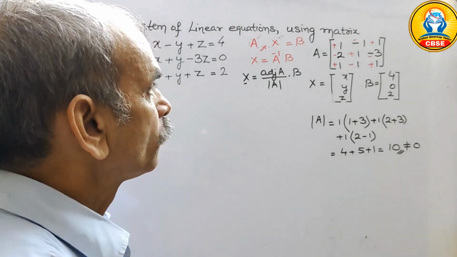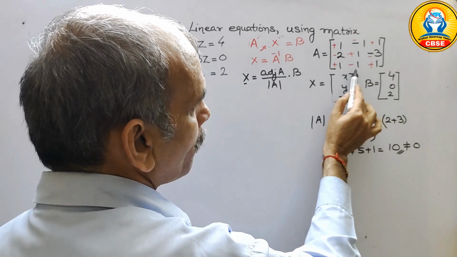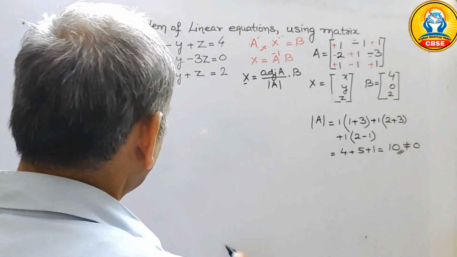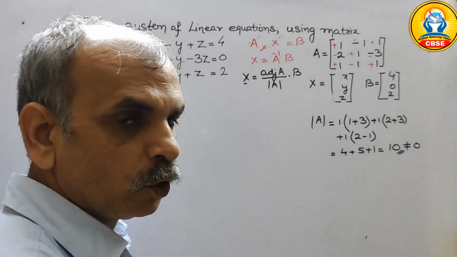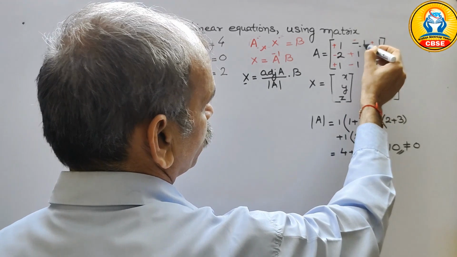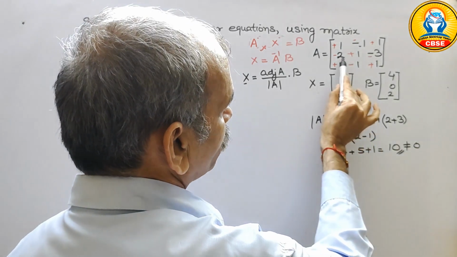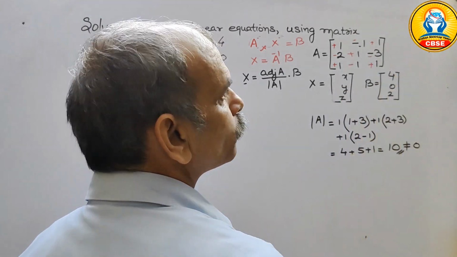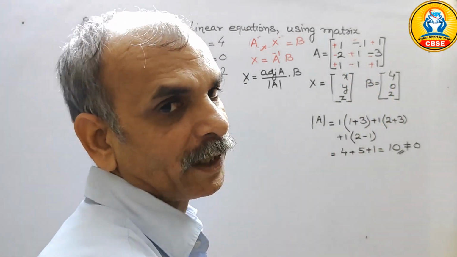So first position is 1, that means it will be 1 plus 3 is 4. So here we will write 4, position is positive. Next is this position, that is negative. It will be 2 plus 3 is 5, and sign is minus, so minus 5.